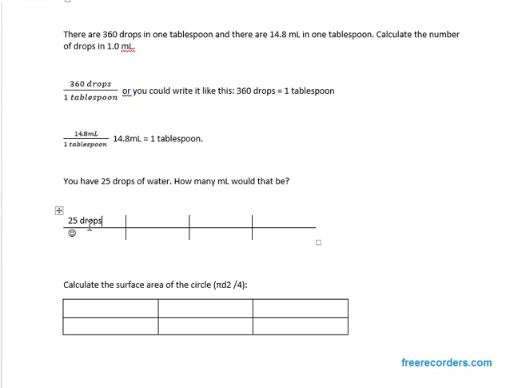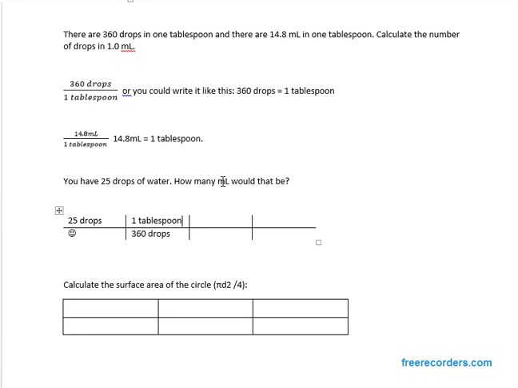Well, I have drops here in the numerator. I need to get rid of drops. Just like if we were to have a fraction of 2 over 2, and the 2's cancel and we get 1, we want to have drops in the numerator and also in the denominator somewhere. So I'm going to use these 2 to complete this problem. The only drops that I'm given is 360 drops is 1 tablespoon.